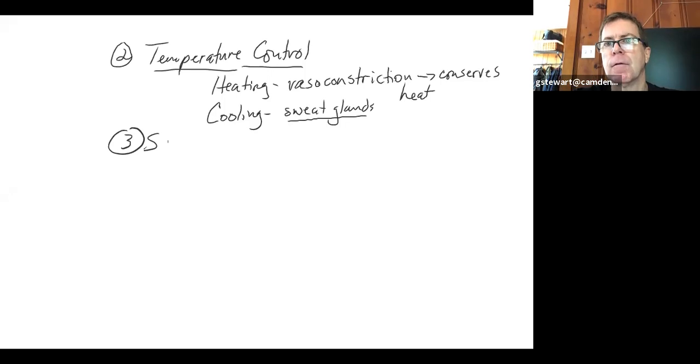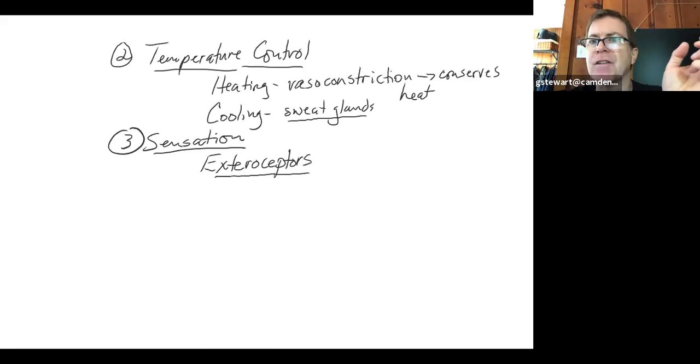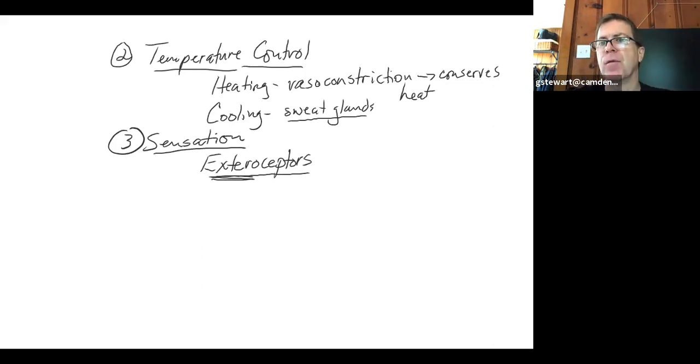Sensation, which is mostly in conjunction with the nervous system. So we have sensory receptors in the integumentary system. Those are called exteroceptors, which are just a special class of sensory receptors that monitor the external environment, the outside world. They're just coiled nerve endings on the surface of the skin, and they're mostly tactile. That means touch receptors.